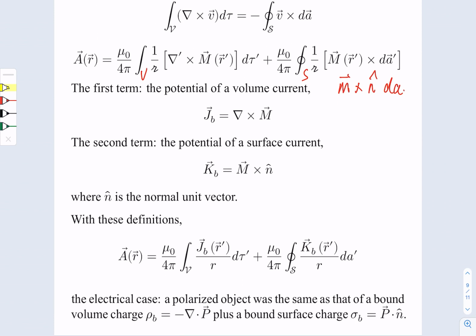Now, if you compare with what you learned in the electrostatic case, the bound surface charge is P dot n, and the bound volume charge is minus del dot P. These two actually share a lot of similarities. The electrostatic case and the magnetostatic case are really similar to each other.